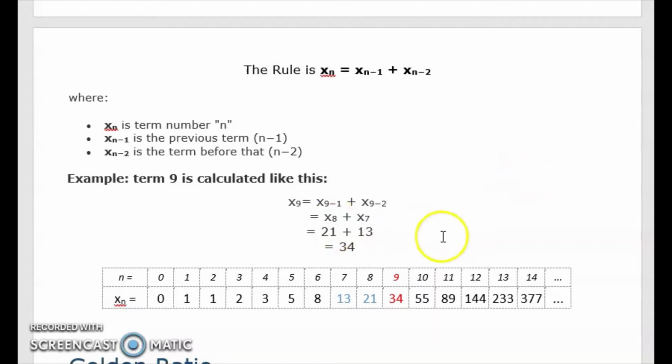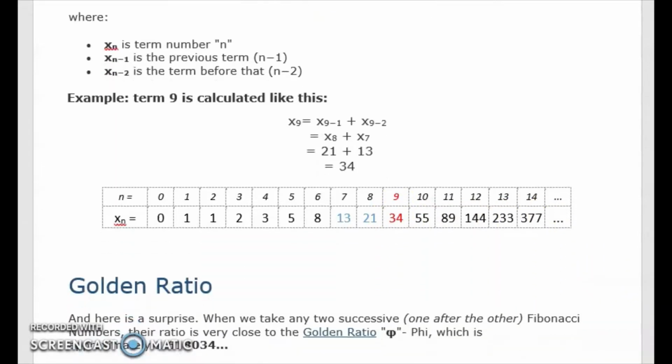The 8th term is 21. And what is x sub 7? The 7th term is 13. So 21 plus 13. Okay, so by simplifying, x sub 9 equals 34. So what is x sub 9? It is equal to 34. Okay.